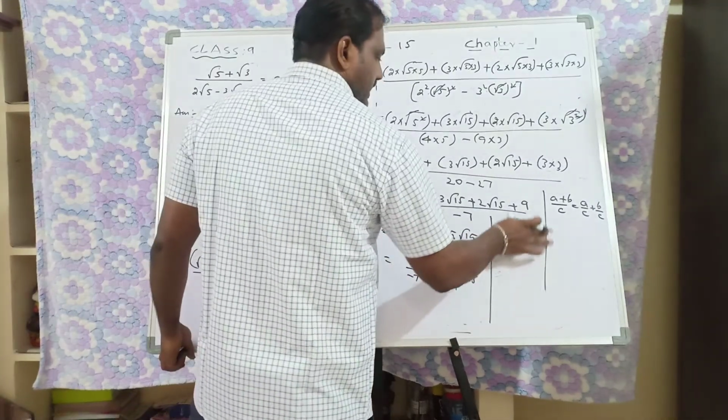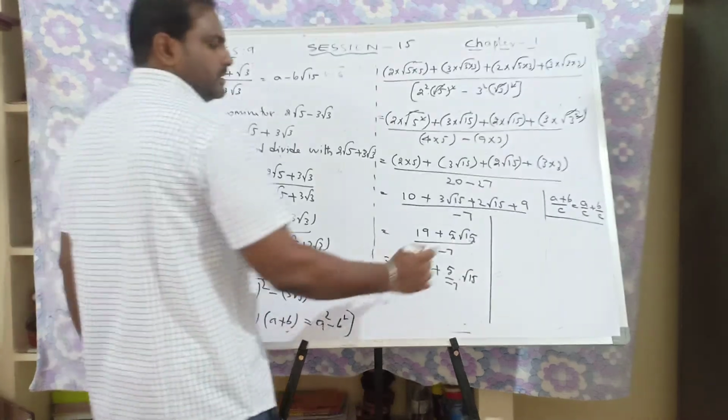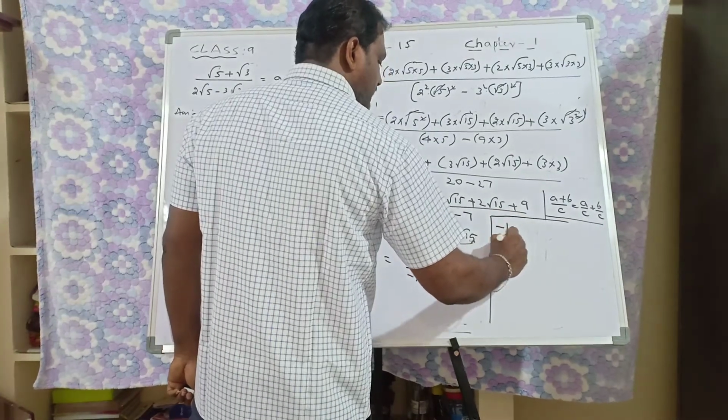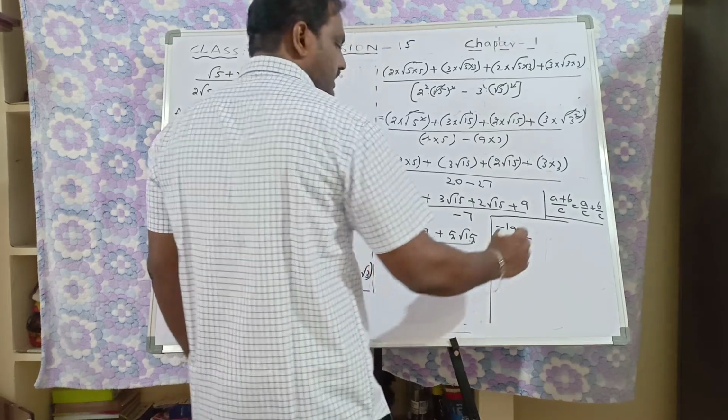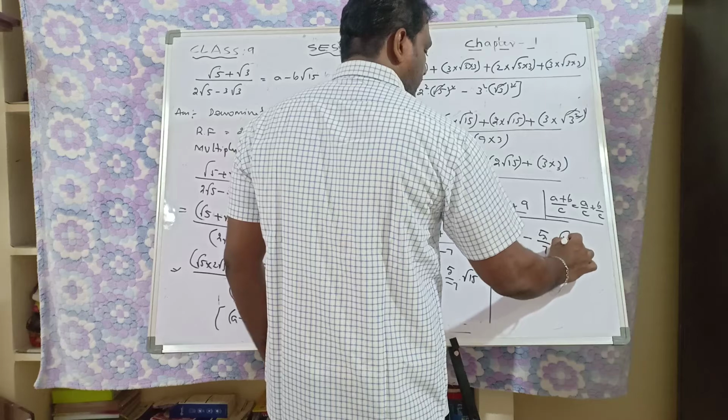Okay, next step. Since the minus is there, it comes upside. So therefore minus 19 by 7 minus 5 by 7 root 15.